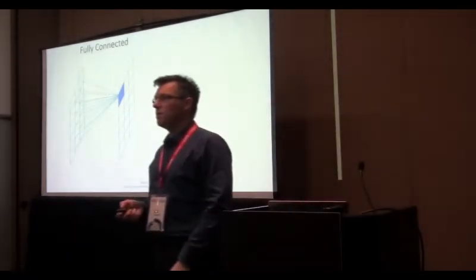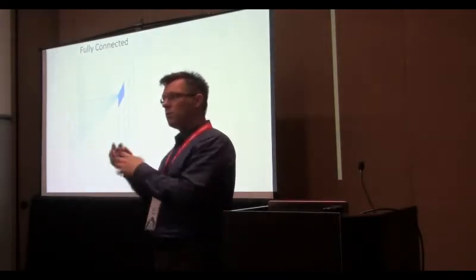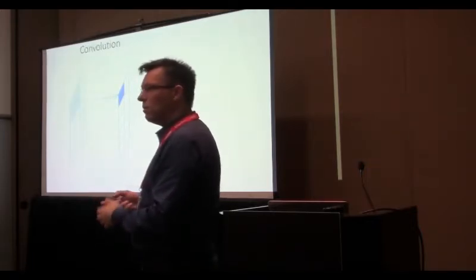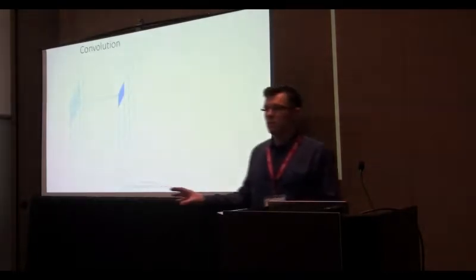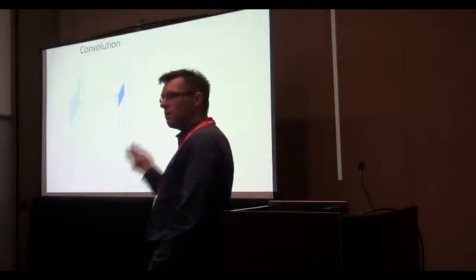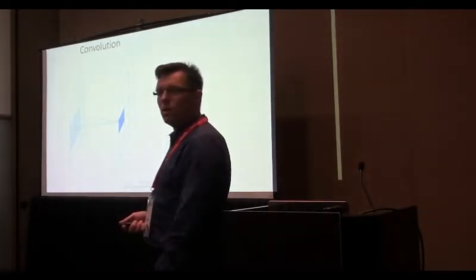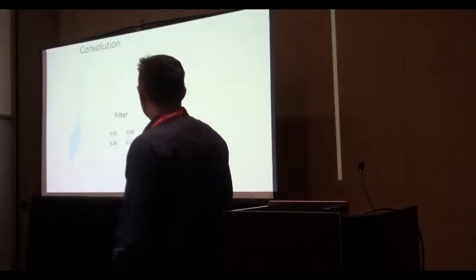You really have to give an image with a dog in every single place for the neural network to be able to find the dog. But if you use a convolution, once it learns that there's a dog here, it's going to find him anywhere in the image. It's not entirely obvious, but if you think about how the weights work, that's an incredible property because that's what we want. It's called location invariant.